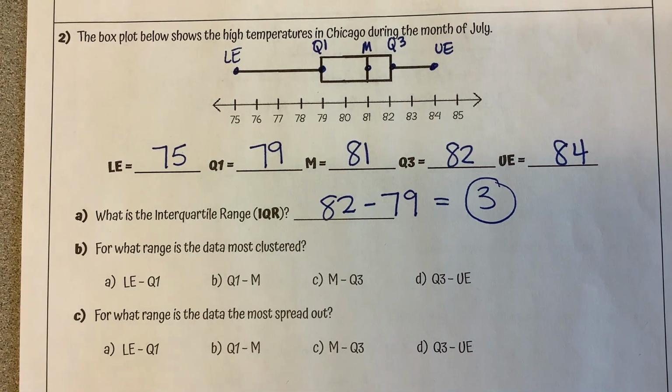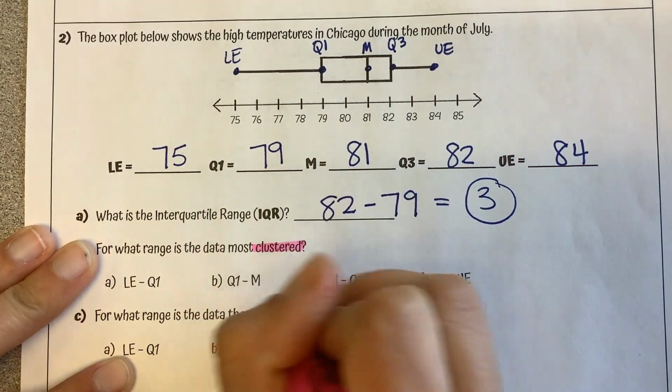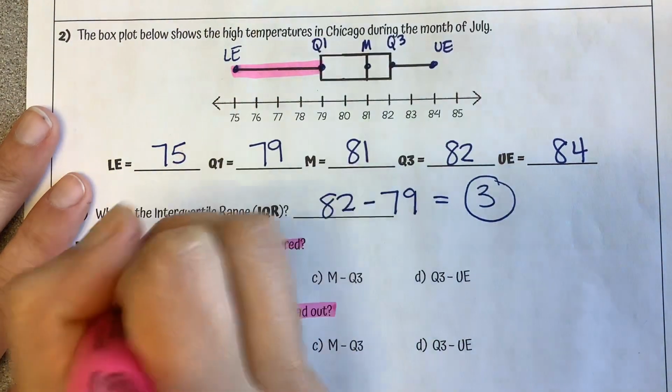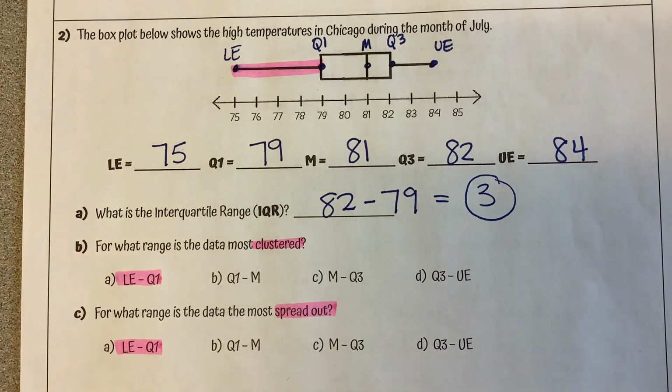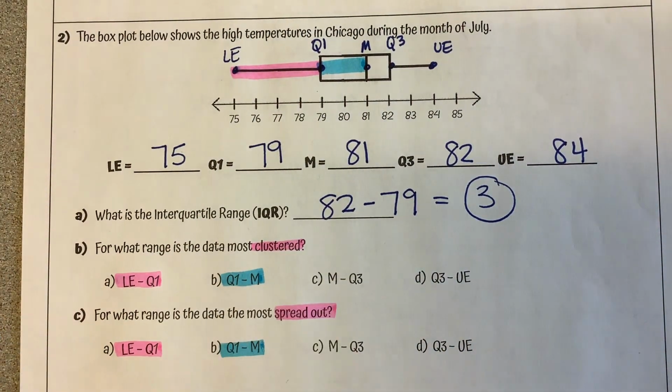Now we're looking at our ranges. Where is it the most clustered, the closest, versus spread out? So our first range is the lower extreme to the Q1. Our next range is the Q1 to the median.